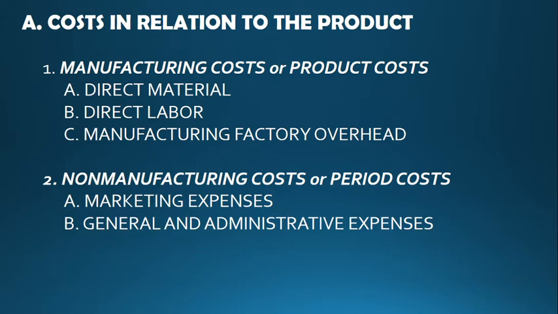So, some of you might ask, bakit si direct material at direct labor lang ang may direct sa unahan at si manufacturing overhead ay wala? It is because si manufacturing overhead nga ay isang indirect cost.